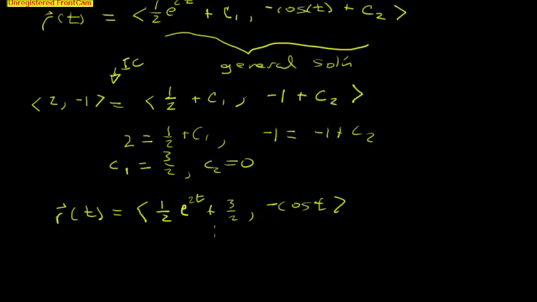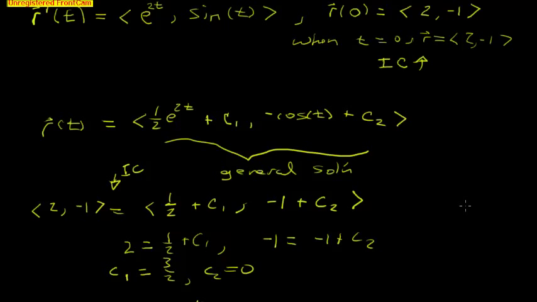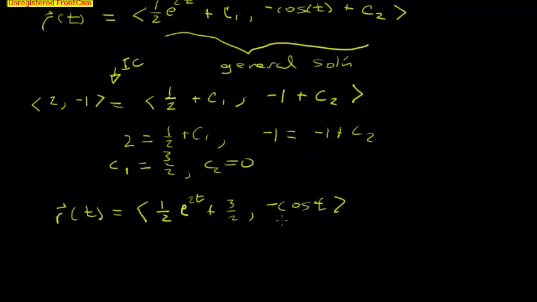It's easy to check by differentiation. Differentiating, we have e to the 2t plus 0 when we take the derivative. So that matches with our original r prime, which was e to the 2t, sine t.